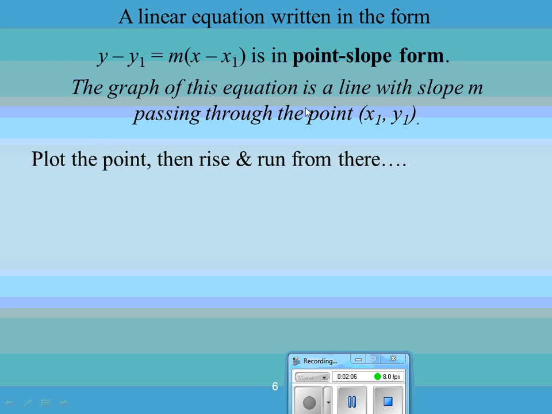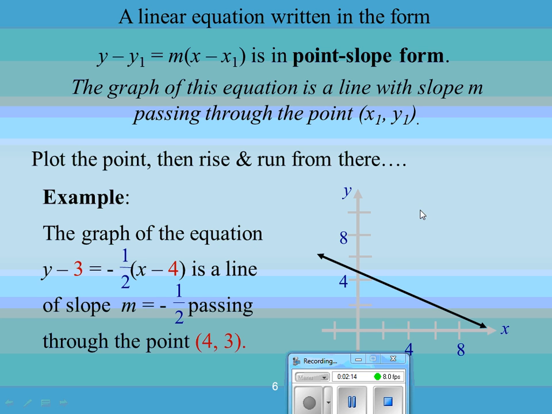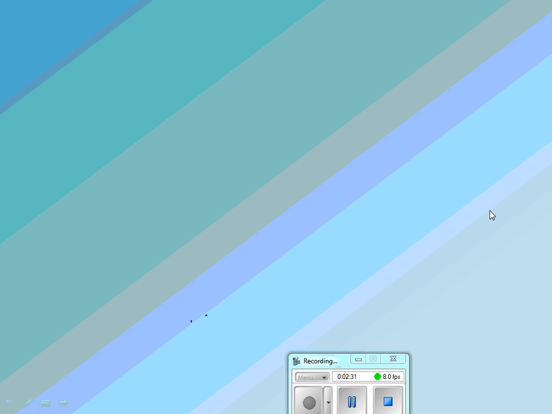The graph of this equation of a line with slope m passes through the point x1, y1. So here the y is 3, the x is 4, and 1/2 is the slope. You simply plug it in and solve.